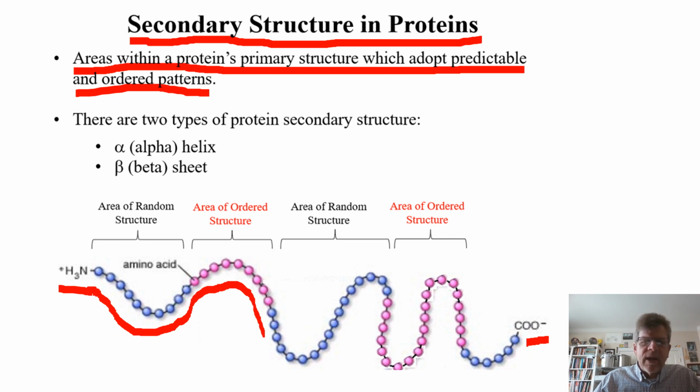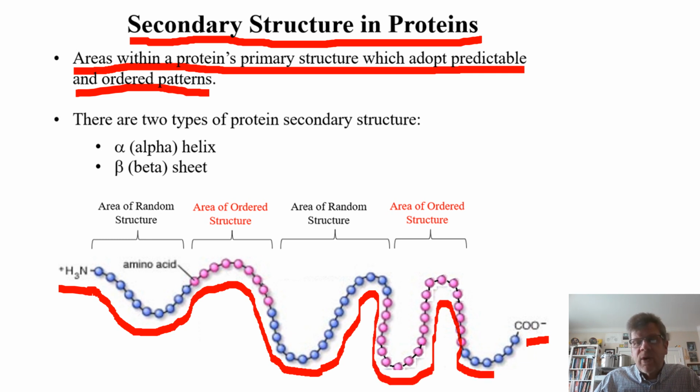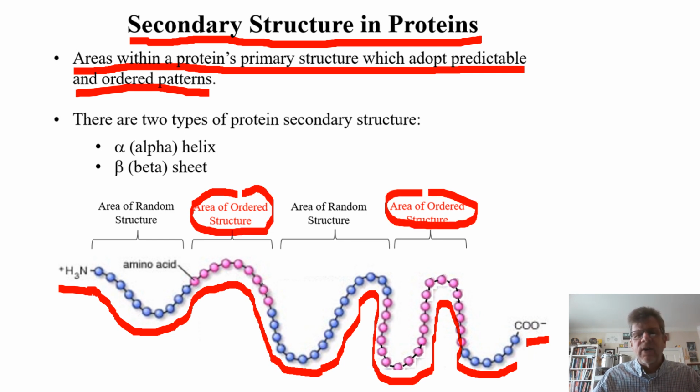And then it goes into an area, as we go N to C throughout this process, an area of random structure again, then perhaps going into an area of ordered structure again. That has heightened importance. And then perhaps into random structure again, until we get to the C terminus of that amino acid sequence. It is this area of ordered structure that is what is considered secondary structure in proteins.